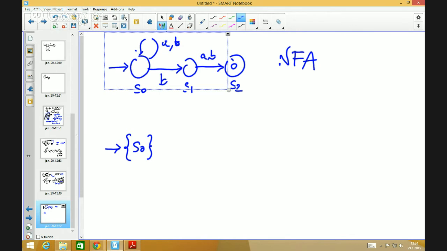And now we ask ourselves, I am in S0 and I read an A. What is the set of all states that I could go to? S0, there's only one. So we look back. If I read a B, and I'm in S0, what is the set of all possible states that I could go to? Either S0 or S1.